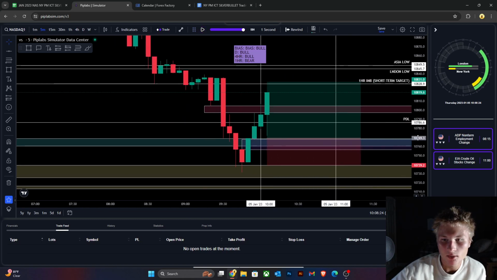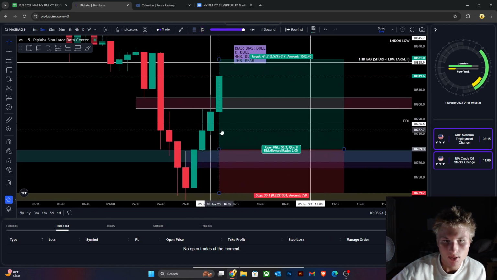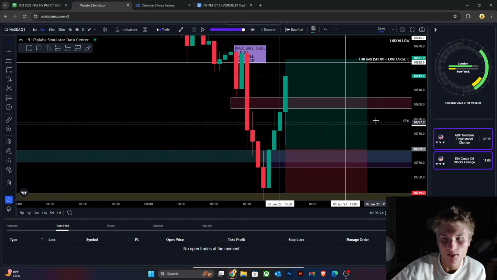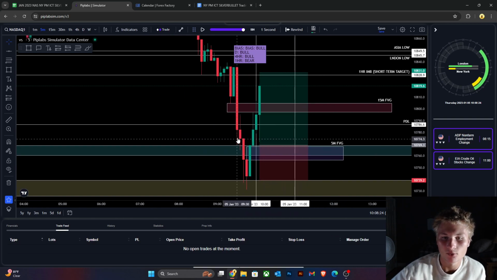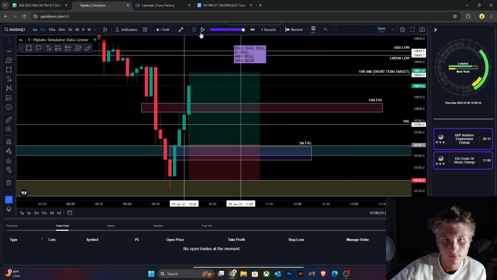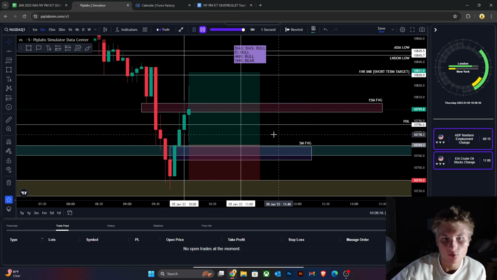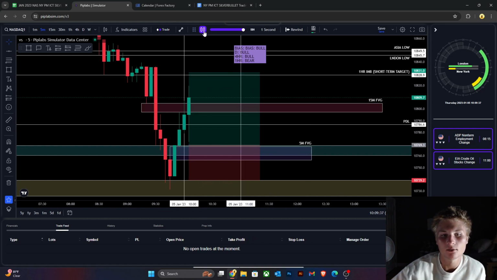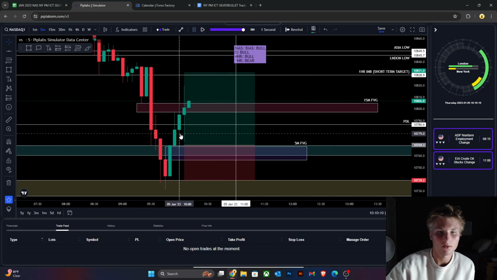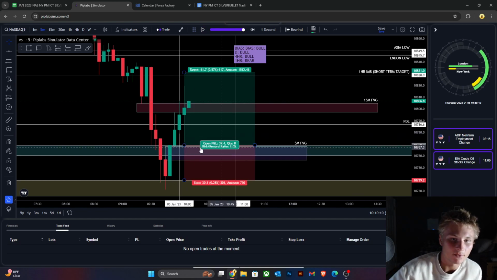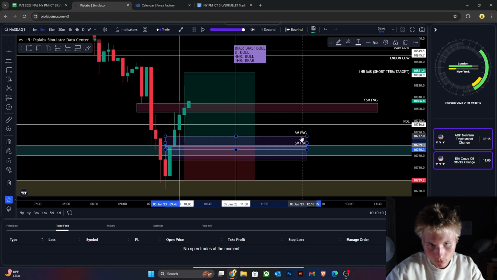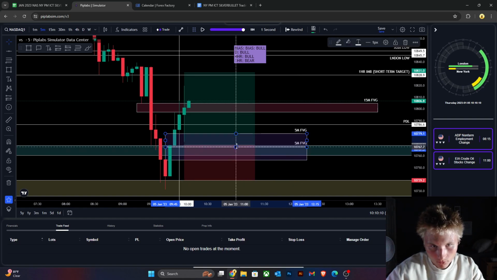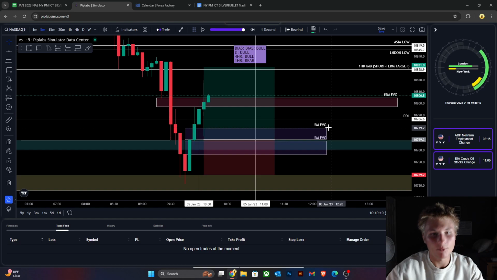I mean, we did just fill this 5-minute gap that just formed right now, but I missed that entry, if I'm being real. So we might just see price fly right now, if I'm being honest. I did not mark up that 5-minute gap right here, which is honestly my fault.